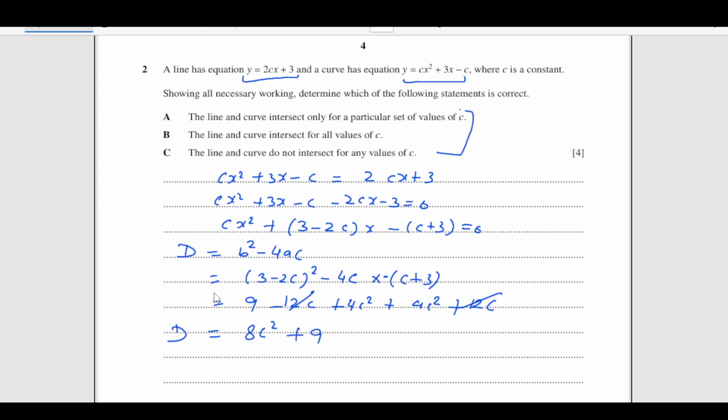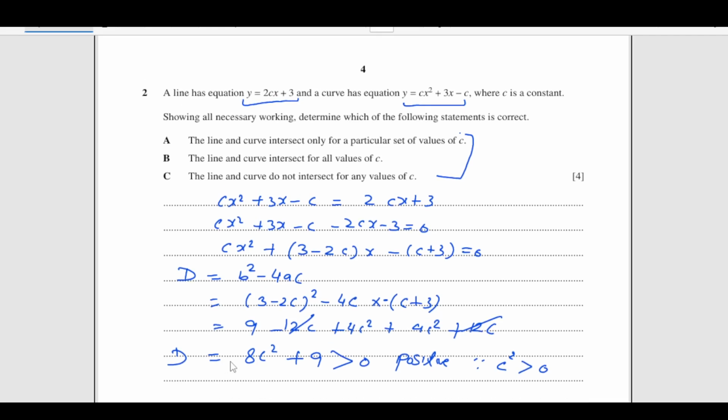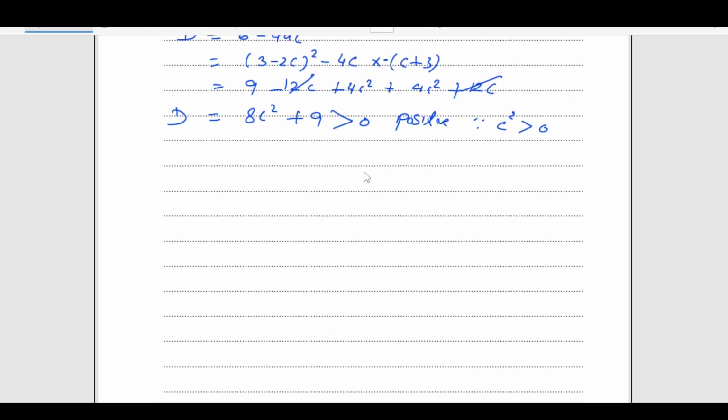So now this is going to be positive for all values of c, because c squared is always greater than or equal to 0. So that means the line and curve intersect. When the discriminant is greater than 0, then this option is going to be correct: the line and the curve intersect for all values of c. So the correct answer is going to be B here, right?